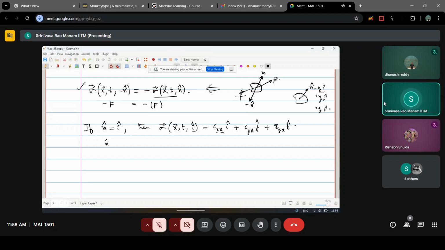Similarly, if I take n equal to j cap, then the force will have some direction. Because it is a deformation, there are normal stresses. The fluid is exerting pressure normally, and horizontal forces are also there.